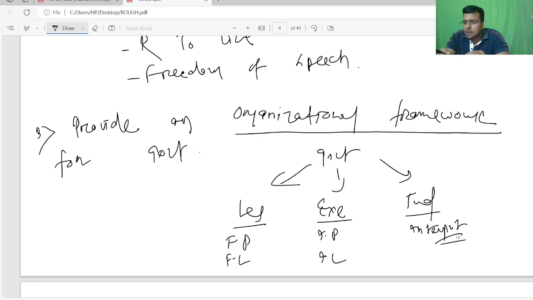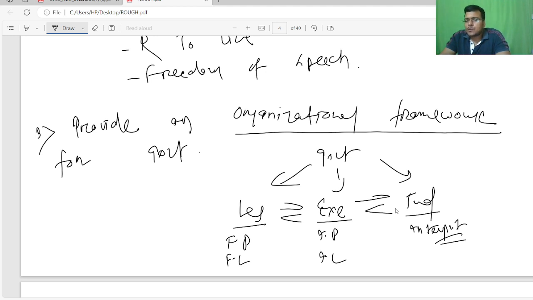It provides in writing the authority and responsibility of legislature, executive, judiciary. What are the interrelationships between them? Already the division is there. They have their separate authority, separate responsibility. But yes, there is an interrelation. For example, judiciary monitors, not directly the legislature or executive, but any law formulated by legislature or executive.